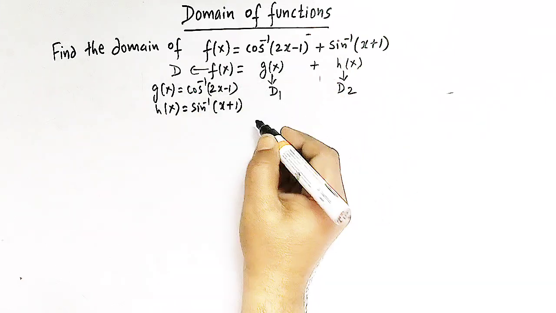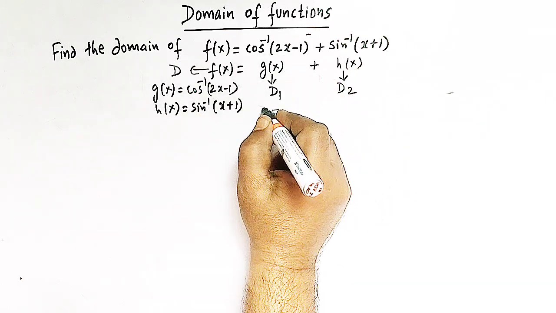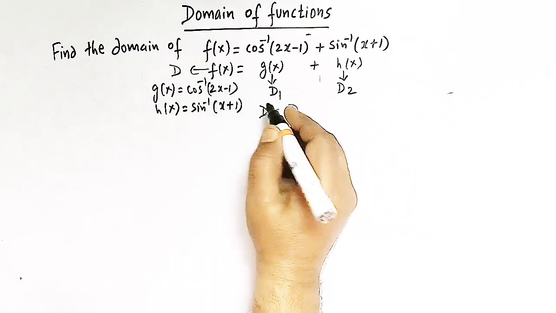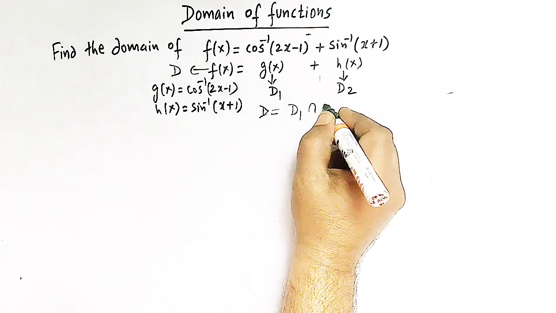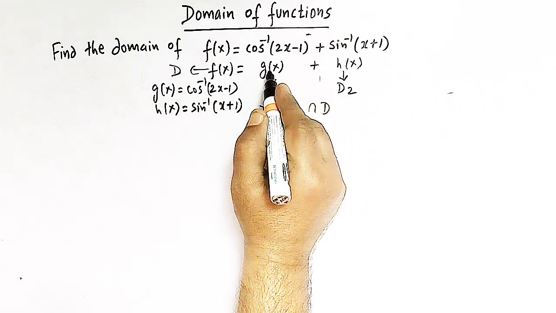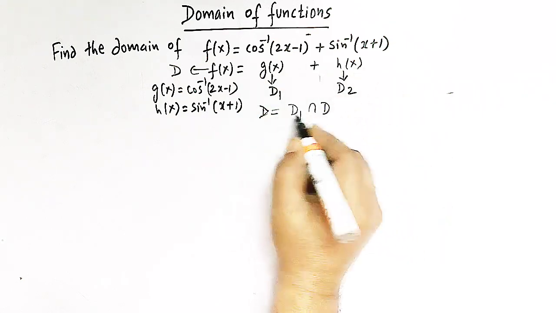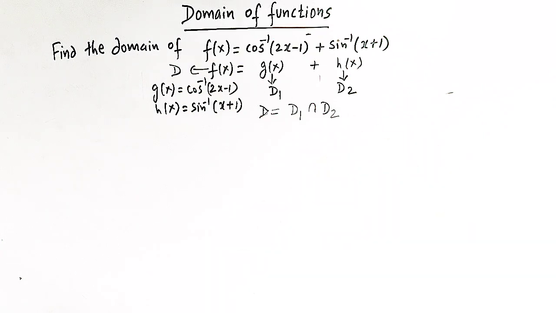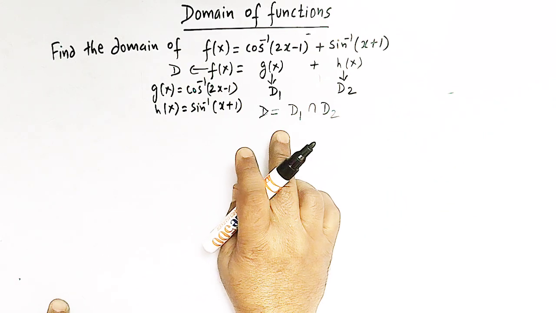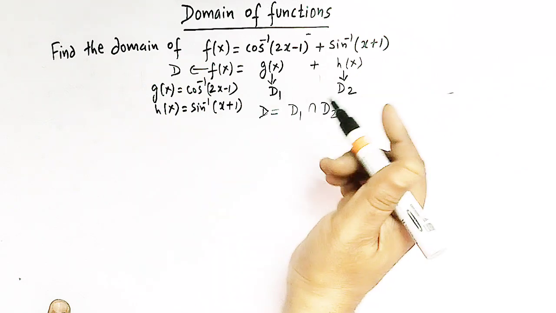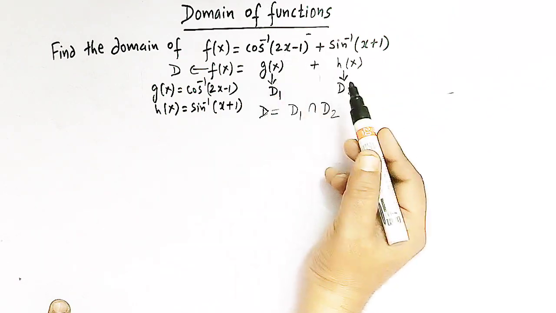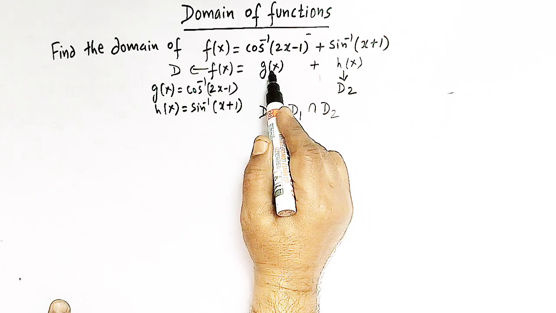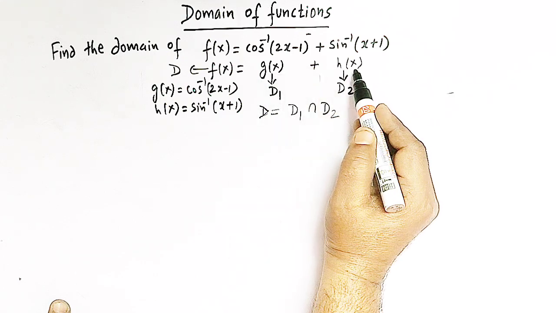In other words, the domain D of f of x is the intersection of the domain of g of x and h of x. So D is given by d1 intersection d2. We have to search for all values of x which are common to the domains of g of x and h of x.